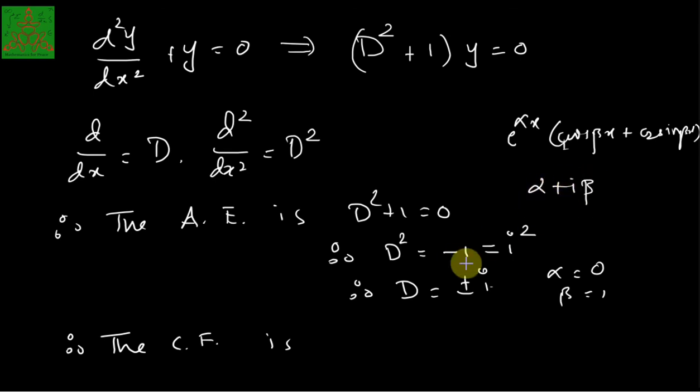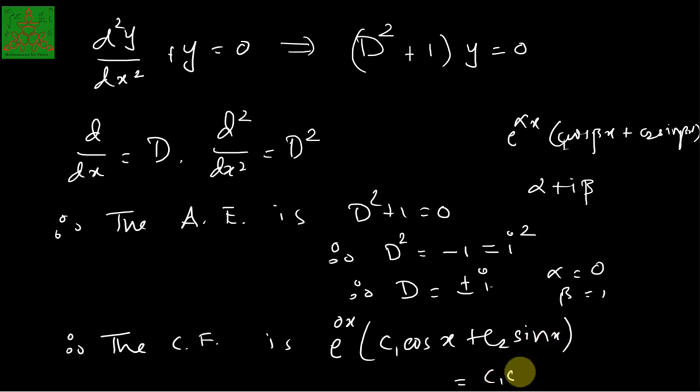If you compare real and imaginary parts, you will have this. So therefore the solution is e power 0x (c1 cos x plus c2 sin x), so we can write it as c1 cos x plus c2 sin x.